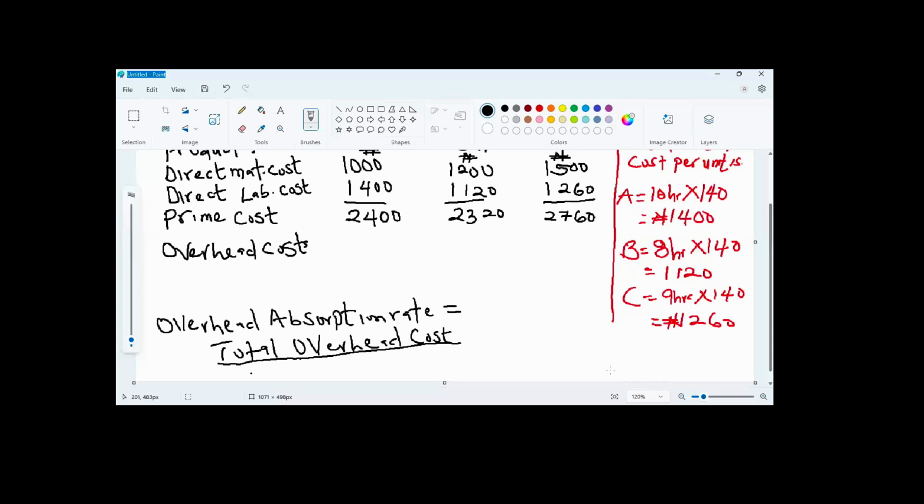You now come here and say total overhead cost divided by total direct labor hours. Now let's go back to the question. What is the total overhead cost?